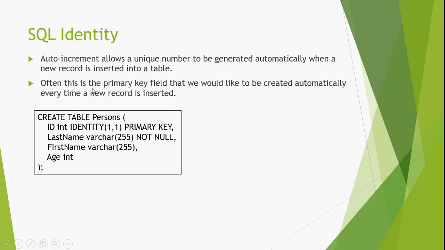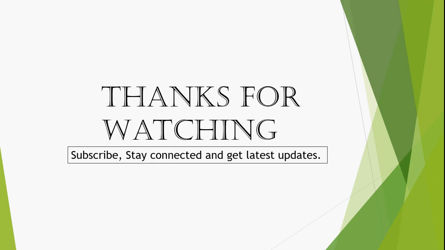Often this is the primary key field that we would like to be created automatically every time a new record is inserted. So when we need this, in the identity column we use it in the primary key, such as when we need auto incrementing like 1, 2, 3, 4. At that time we use identity, and in this way we can create a table with foreign keys with several constraints.